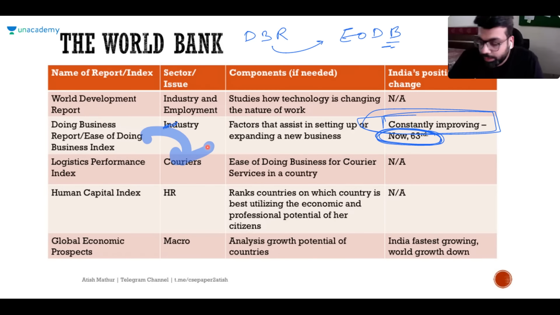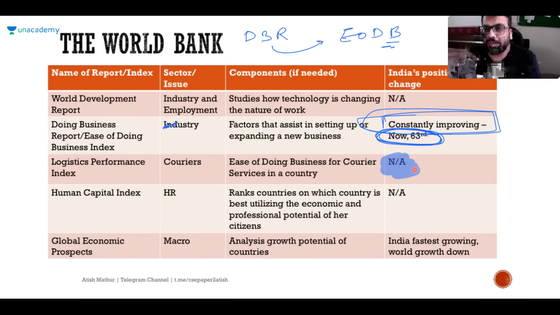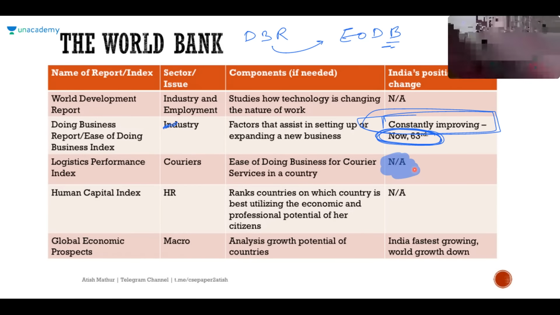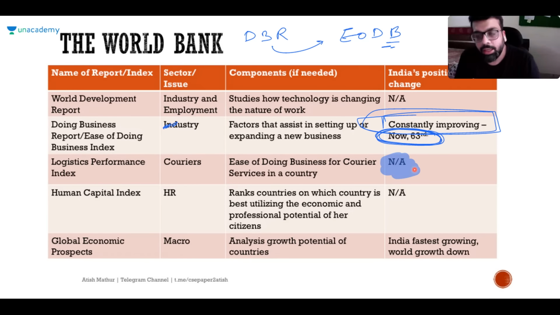You don't have to know India's performance because this is too specialized a parameter. If somebody ever asks you what the logistics performance index is, you can say it's ease of doing business, but only for courier companies. You don't need to know anything more than that. This should be enough as far as the third index is concerned.